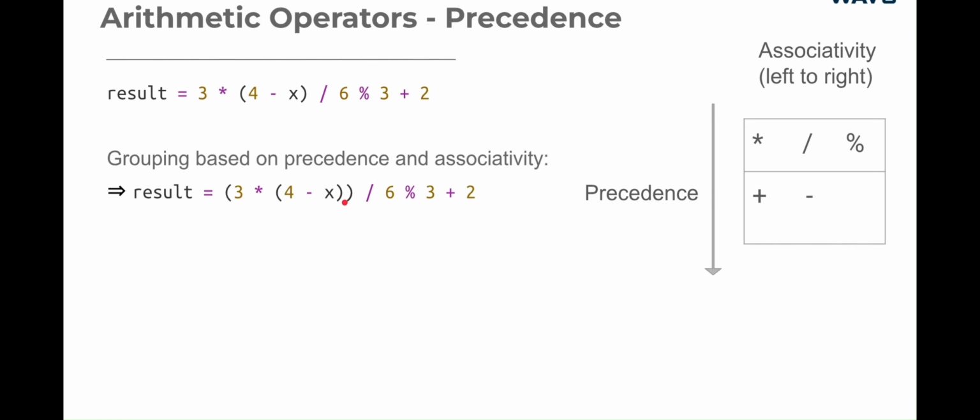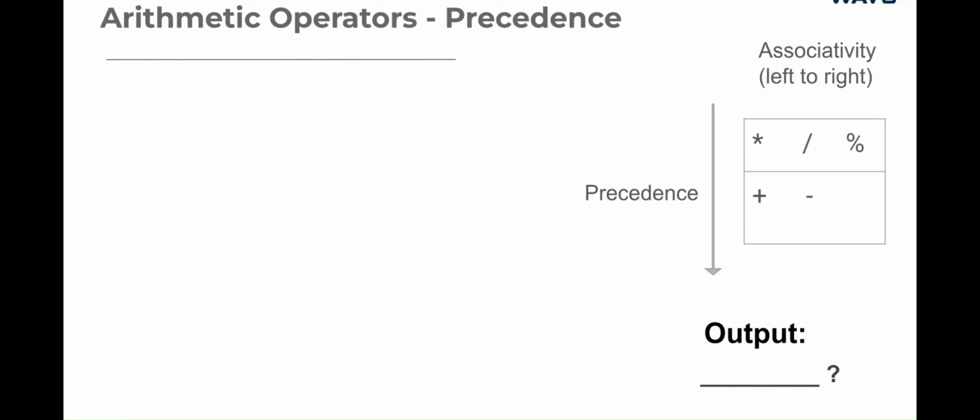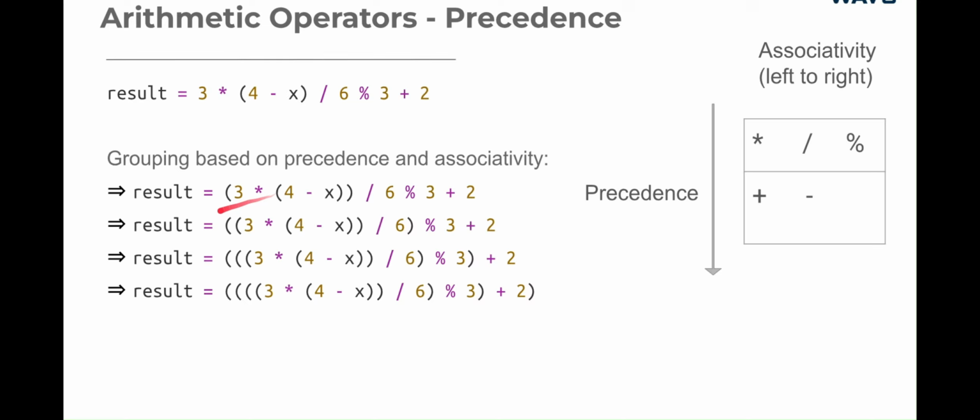See this. You should group based on precedence and associativity. Whereas 3 is first, in the first case, these are grouped by this. First of all, this is the process we should do. You can observe this. This is the grouping result, grouping based on precedence and associativity. You can observe carefully.